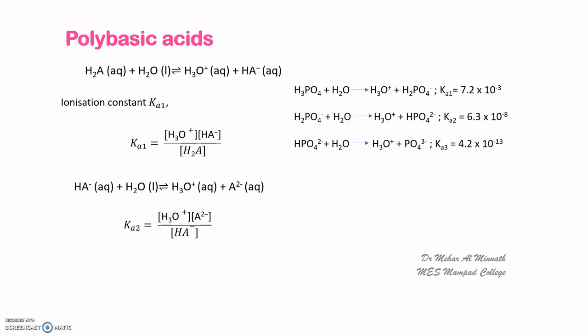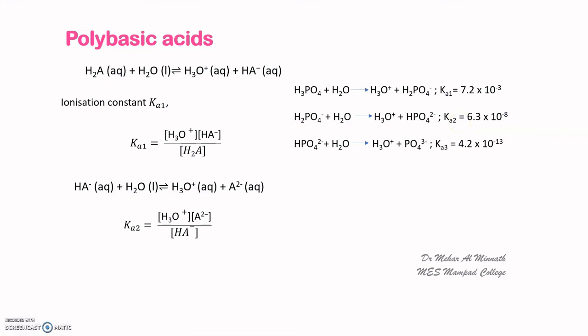This is because it becomes difficult to remove a proton from an anion. When the first ionization was happening, it was H3PO4, a neutral compound. In the second ionization, you are releasing a proton from H2PO4-, a negatively charged ion. Removal of a proton from a negatively charged species becomes difficult. That's why its second ionization constant is low.